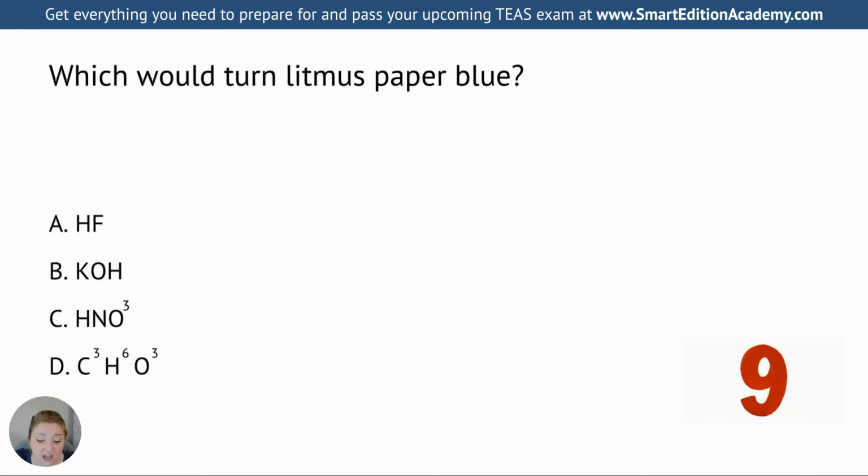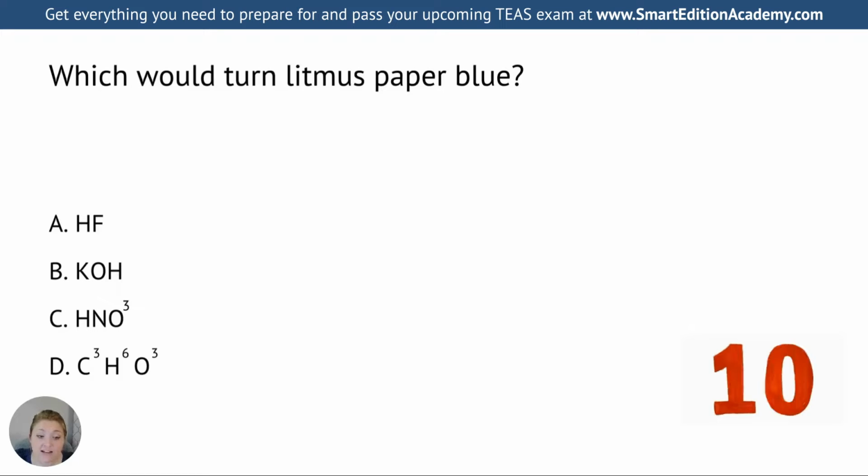We have HF, hydrofluoric acid, KOH, potassium hydroxide, HNO3, or C3H6O3. Taking a look at these, we are looking for a base because it's turning the litmus paper blue.